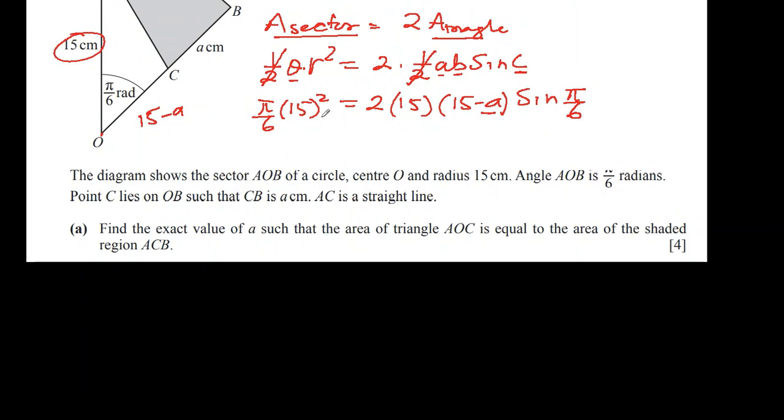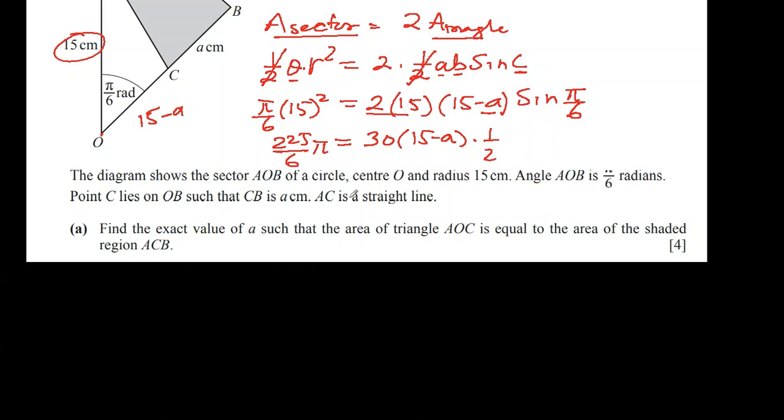So let's try it. 15 square is 225. So 225 over 6 pi equal to, this is 30, 2 times 15, times 15 minus A, times sine pi by 6, which is half. So we have a very simplified equation now.